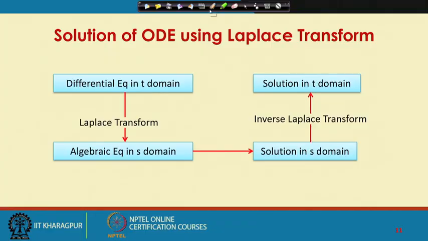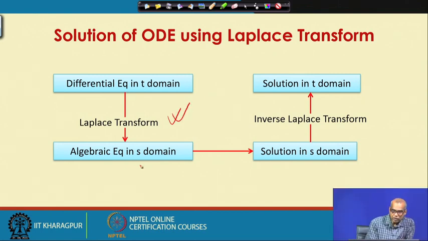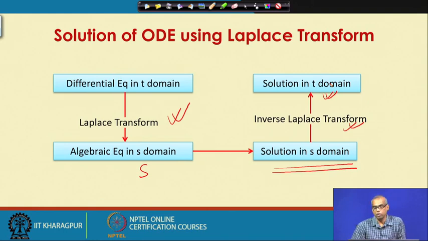What happens is, the differential equation is in t domain, means time domain. If you take Laplace transformation, you will get algebraic equation in S domain. Now, you solve the algebraic equation in S domain, you take the inverse Laplace transformation, you get back the solution in time domain.